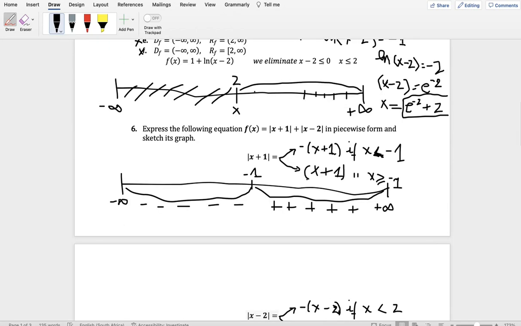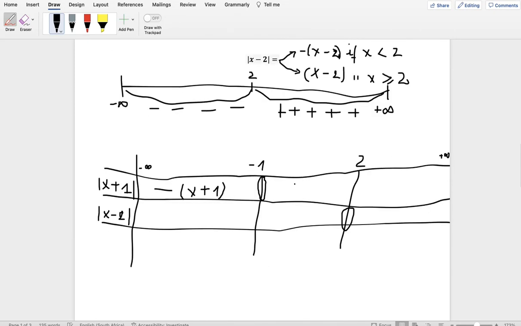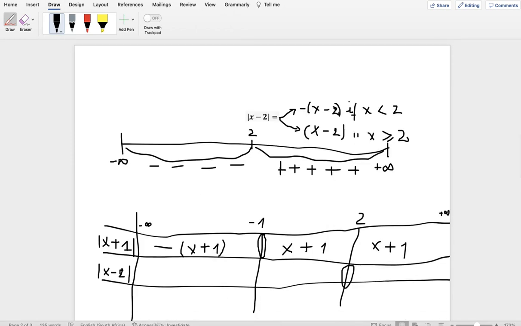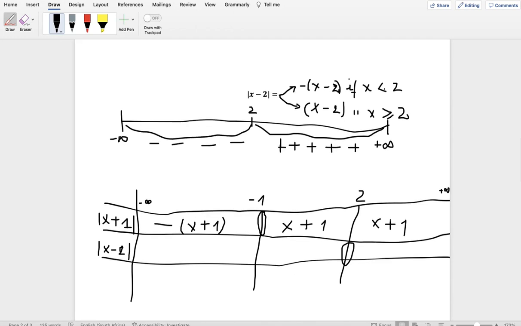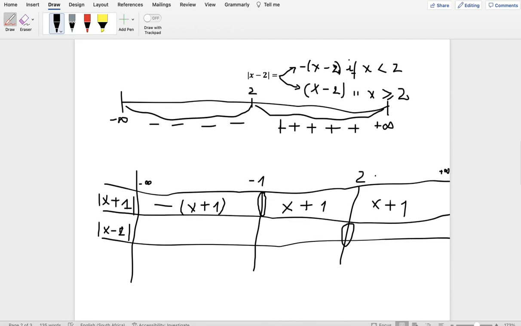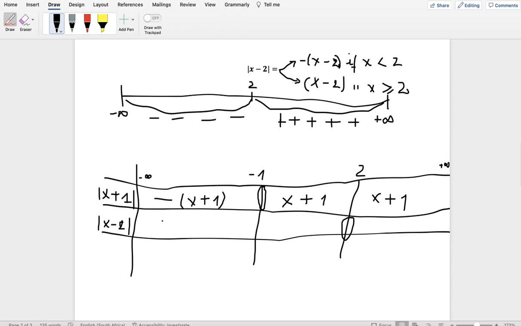And then we said for all the values greater than or equal to -1, the absolute value of x plus 1 is just equal to x plus 1, right? So that applies for this part here and this part as well. And for the second one, x minus 2, we said that for all the values of x that are less than 2, it's equal to minus x minus 2.